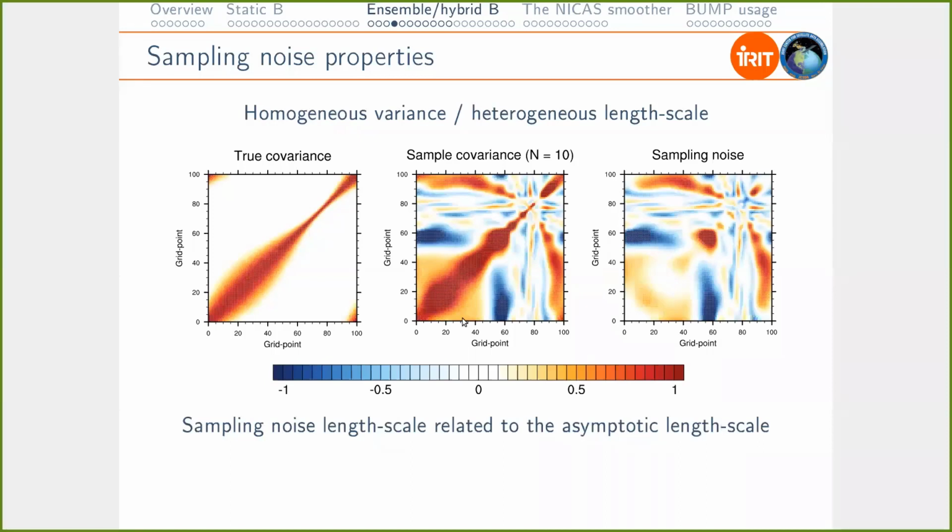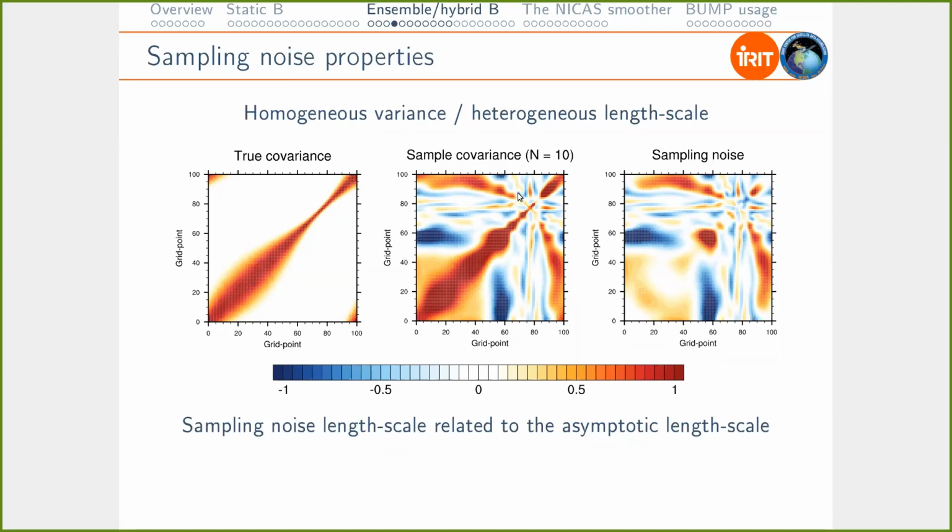Here it's another example where the variance is homogeneous, so it's a constant diagonal on the left, but the width of the function, its length scale, is not homogeneous. It's broader at the bottom left and tighter at the top right.